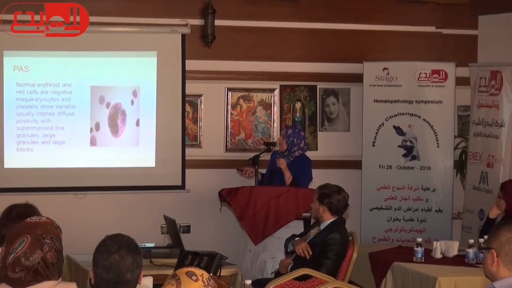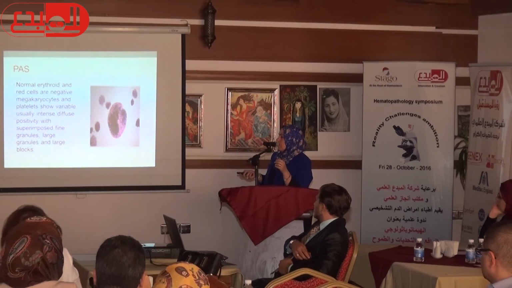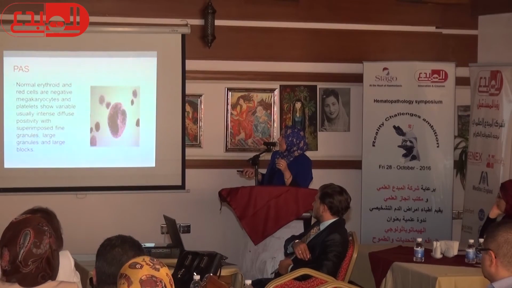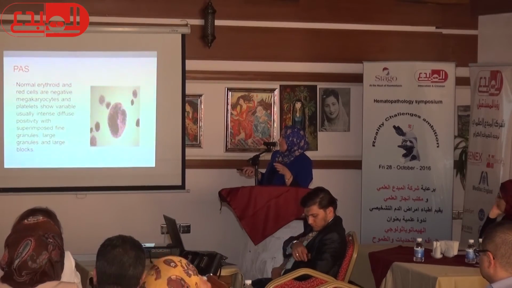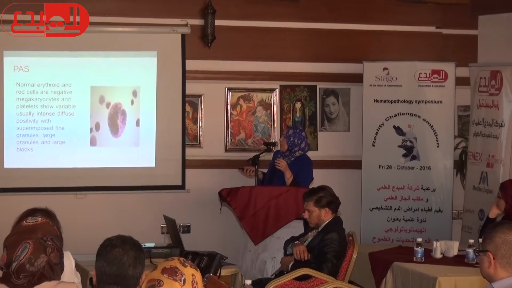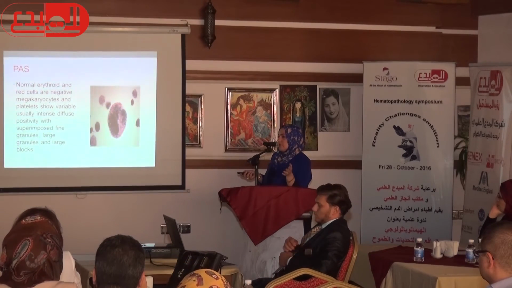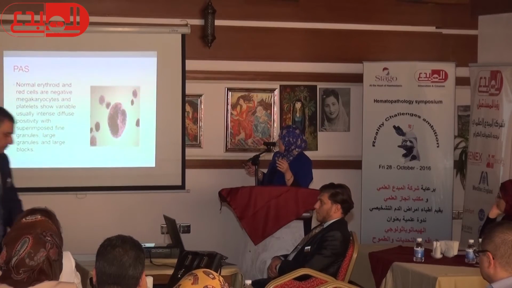Normal erythroid and red cells are negative. Megakaryocytes and the platelets show variable, usually intense diffuse positivity with superimposed fine granules, large granules, blobs.